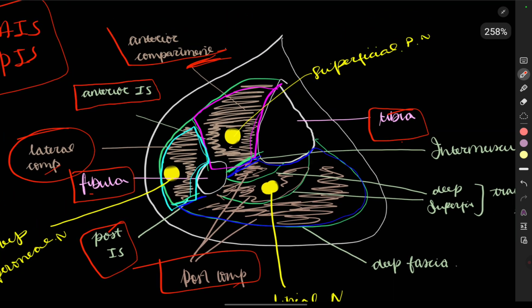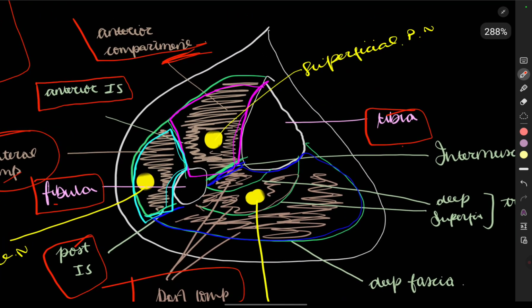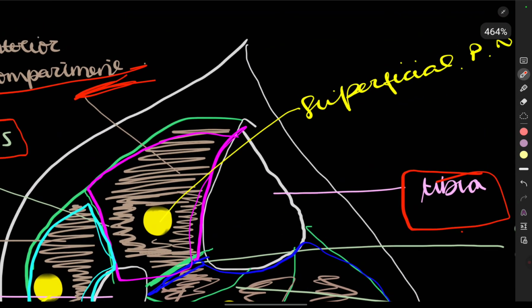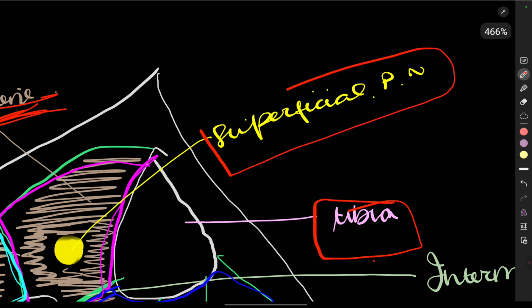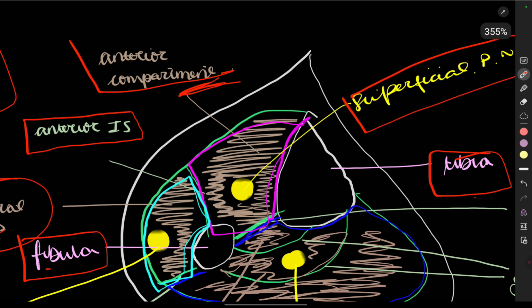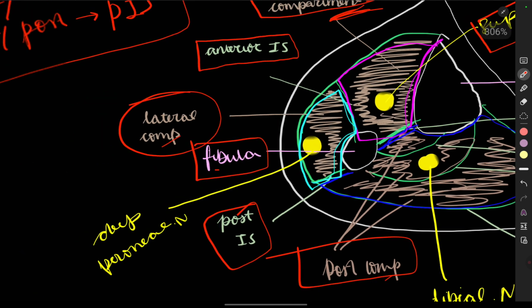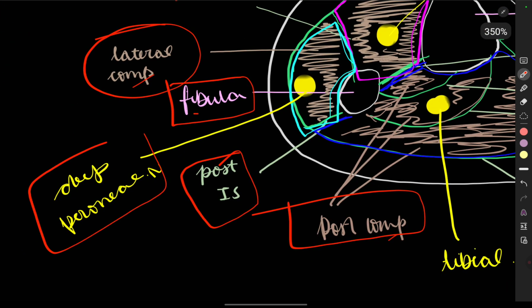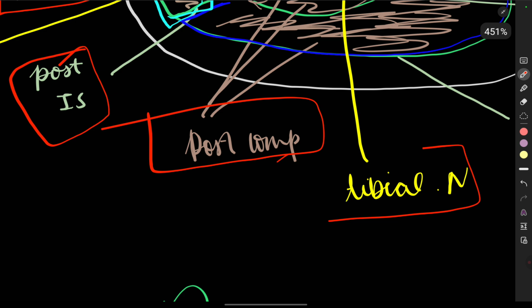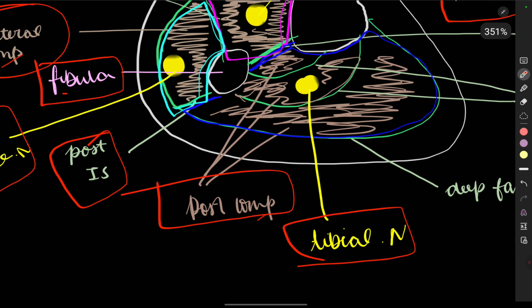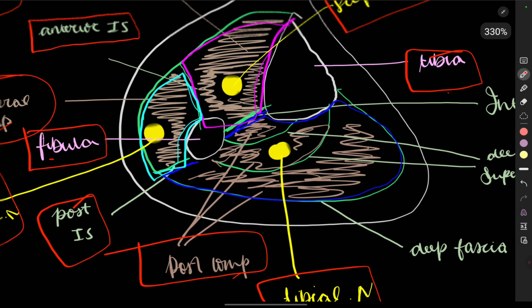Now we're going to see which nerves are present in which compartment. See, in the anterior compartment we have the superficial peroneal nerve, lateral we have the deep peroneal nerve, and on the posterior we have the tibial nerve.